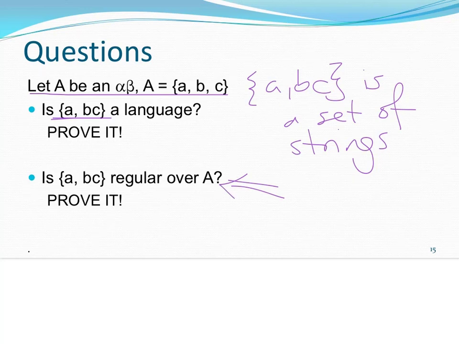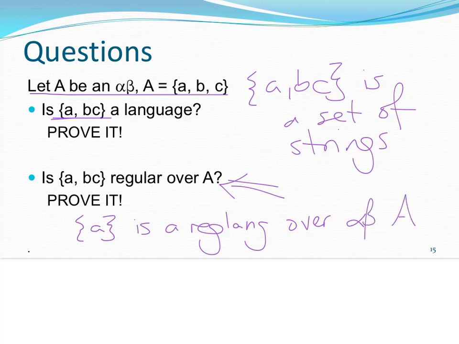This one's a little bit more interesting here. Is it actually a regular language, and can we prove that? And the answer is absolutely, it's a regular language over the alphabet A. And to prove that, what we can do is we can build it up. So we can say, well, A is a regular language over the alphabet A, right?